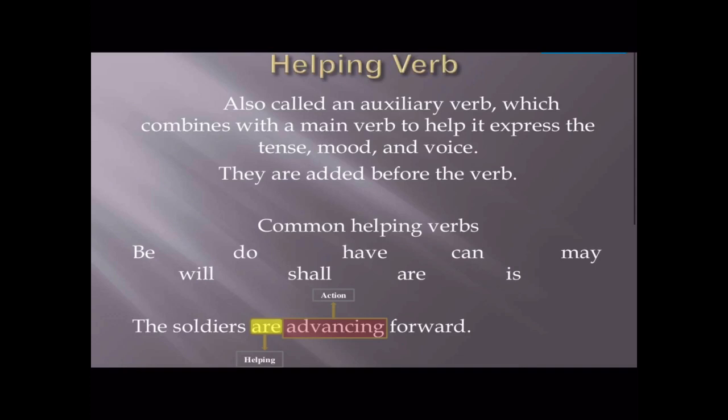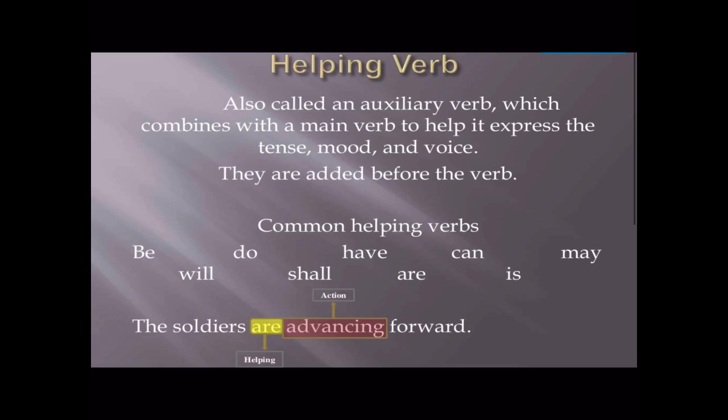Now, helping verbs. As the name says, they just help and combine with a main verb, and this expresses different things such as mood, tense, and voice. And obviously, they will always be added before the verb. Some common helping verbs are be, do, have, can, may, will, shall, are, is. In the sentence "soldiers are advancing forward," we have a helping verb and also an action verb, or main verb.